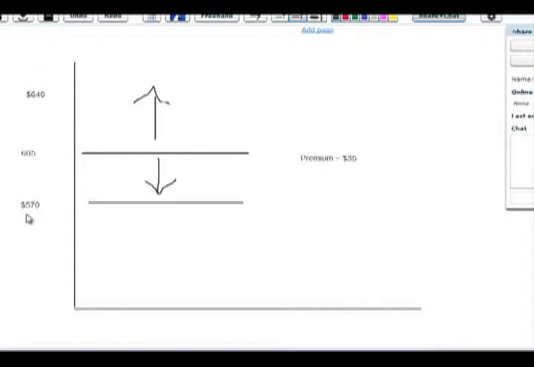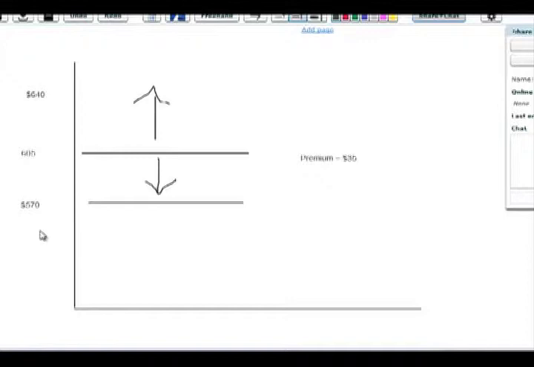Let's assume the current price of Apple is $605 a share. The investor would be protected down to $570, which would be the current price minus the premium that was received. Any movement below 570, the investor would not be protected.